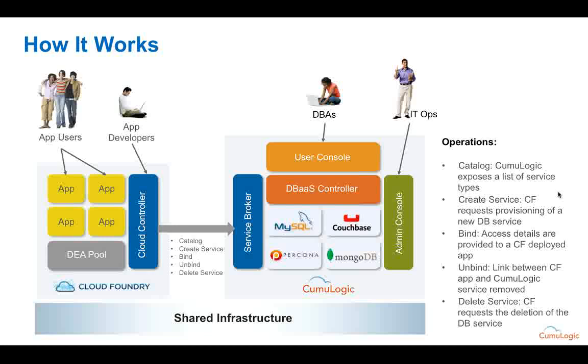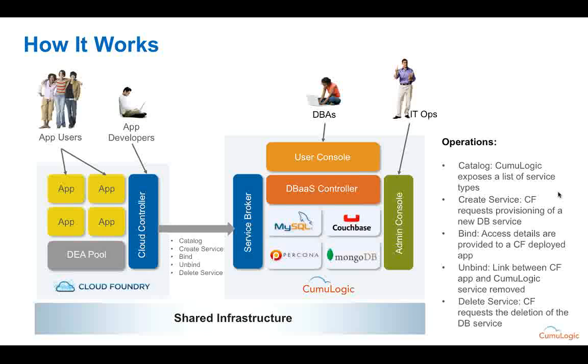The nice part about this is that really, whenever you implement database as a service, what you're hopefully doing is allowing your DBAs to get out of the process of manually provisioning databases, and letting them move into more of an advisory role where they can work closely with the application development teams on best practices for working with databases.